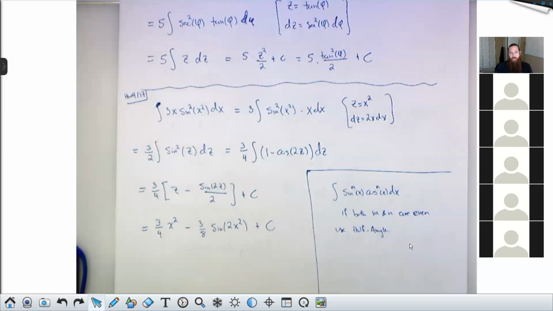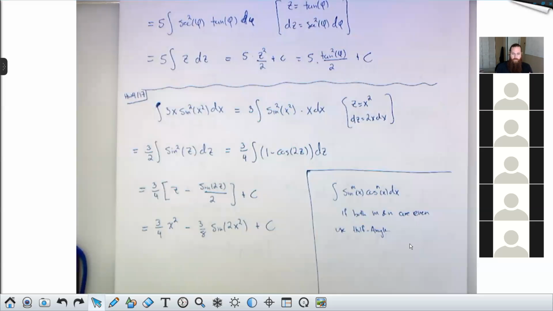If you're not in that case, then the power of tangent is even and the power of secant is odd. And in that instance, you use integration by parts. So there is no place where half angles for tangent or secant are helpful, unfortunately. The half angle identities for tangent and secant are not as nice as the half angle identities for sine and cosine. They just don't look the same. So there isn't a situation where they're helpful for integrals. But that's a fair question.